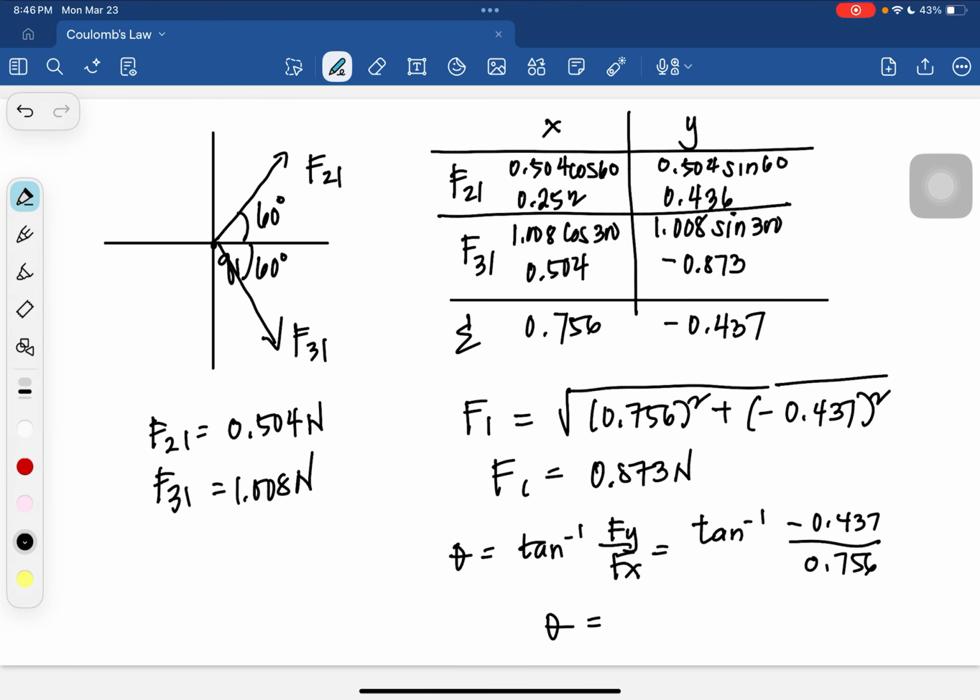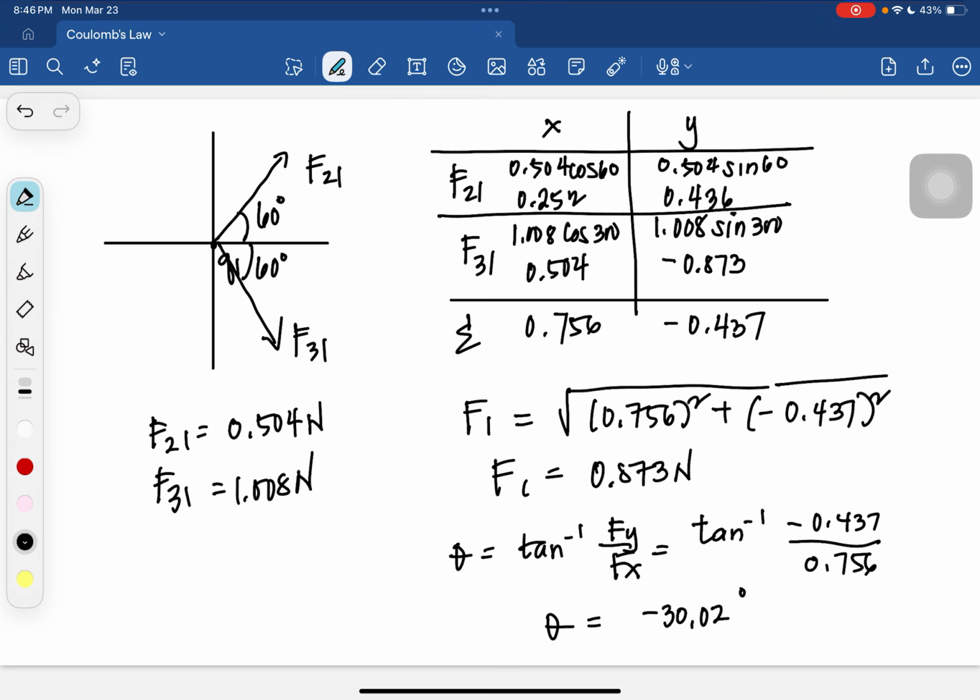Our theta now is equal to 30.02. So that's negative 30.02, meaning it is below the x-axis.